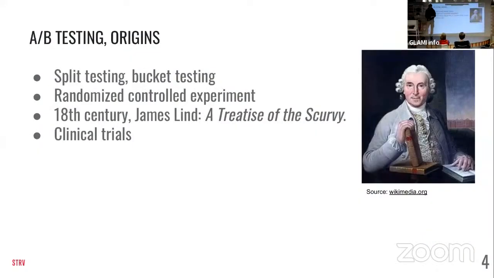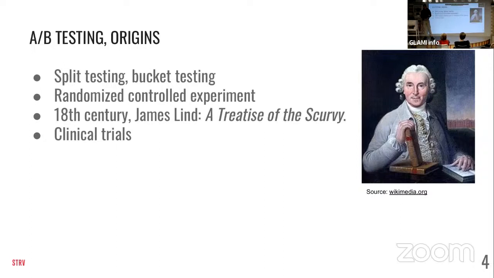So A/B testing. A/B testing is actually a very old thing. I found an experiment from the 18th century by James Lind, who did experiments on scurvy. In Czech, it's kurděje. It's a disease, and vitamin C helps a lot with this disease.